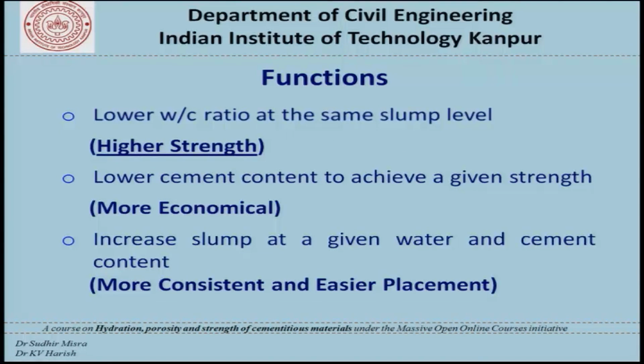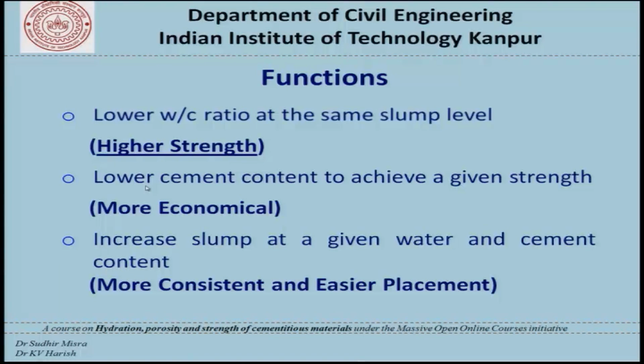So let me first brief down the three main functions of water reducing admixtures. The first function is to lower the water to cement or water to cementitious material ratio at the same slump level, and this is primarily done to achieve higher strength.